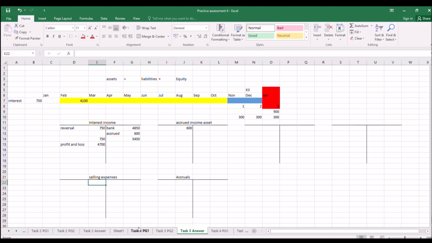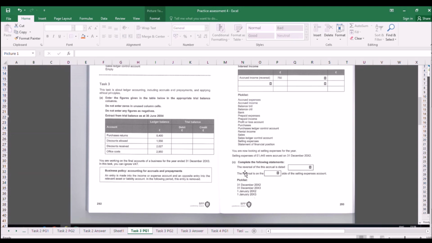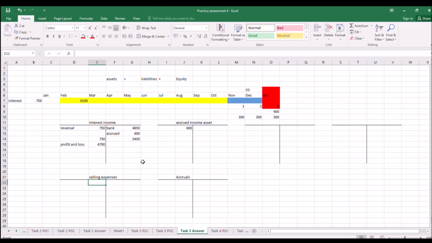Right, okay, what have we got here then? 1,445 at the 31st December, got a timeline in here, so we got minus 1,445 because it's a credit, and selling expenses. So that would be what we brought forward, so we're going to reverse that out.